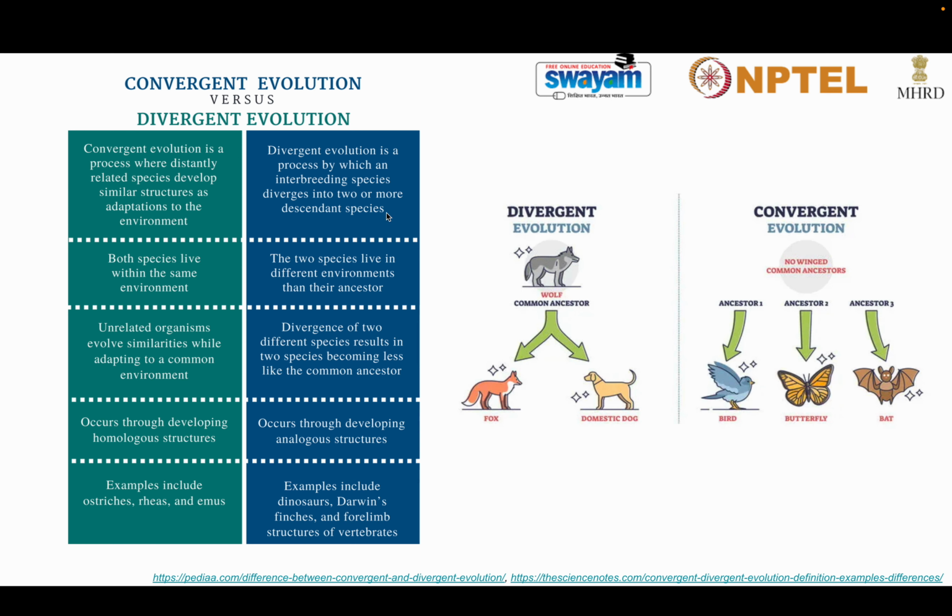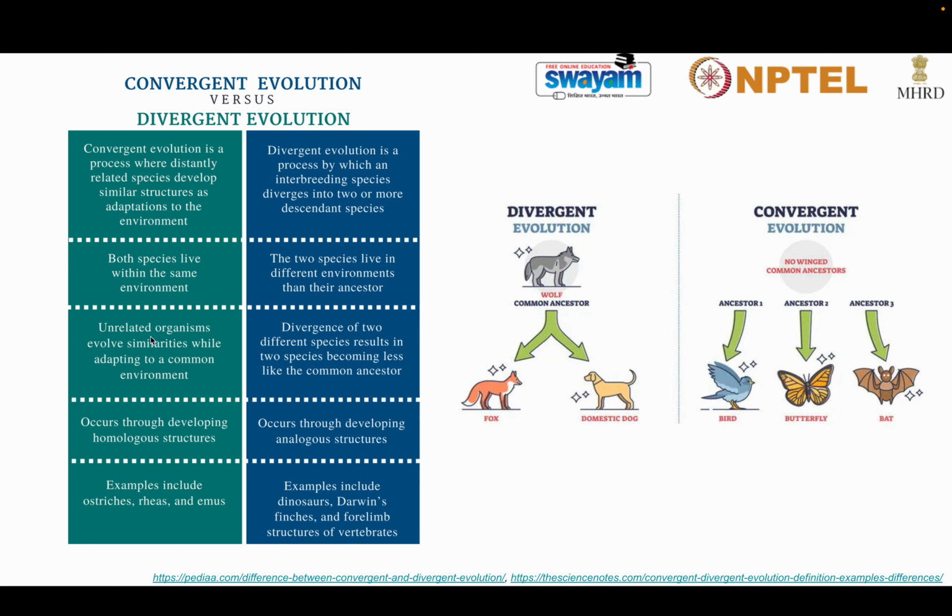So there is a speciation event which is happening over here. Now both species live within the same environment in the case of convergent evolution, whereas in divergent evolution the two species live in different environments. As they are living in different environments, they will accommodate different changes due to which they are showing these differences. Then convergent evolution is seen when unrelated organisms evolve similarity while adapting to a common environment.